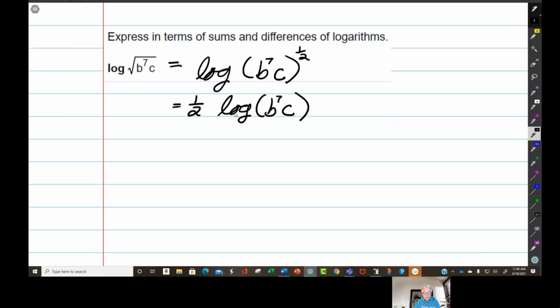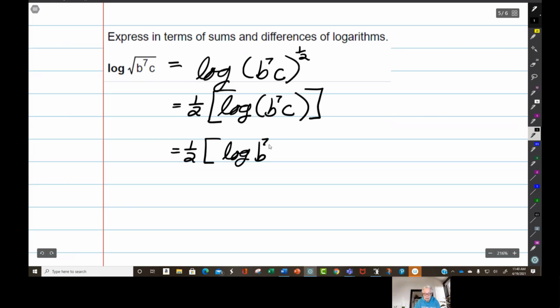Okay, you're going to have to use the product rule in here. Let's put our brackets. Equals 1/2 log b to the 7th plus log c.